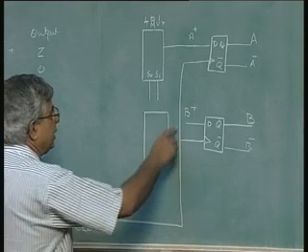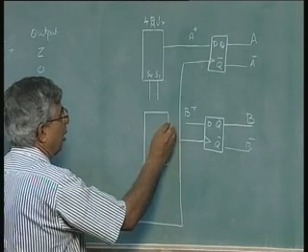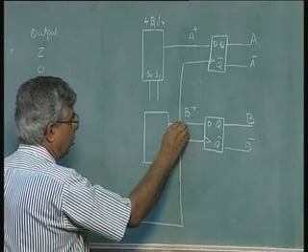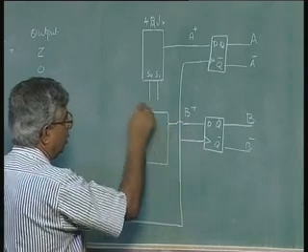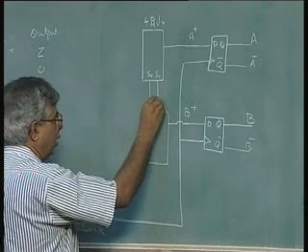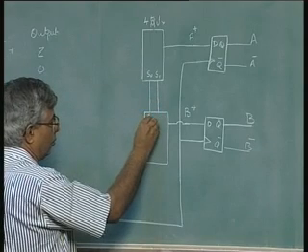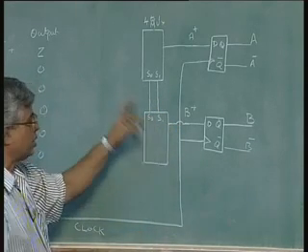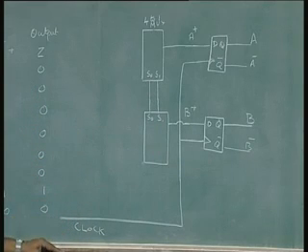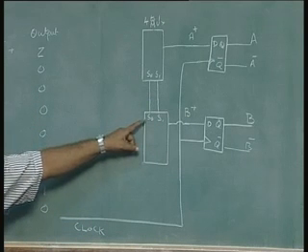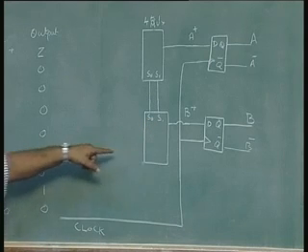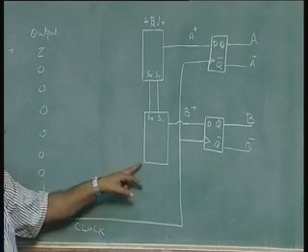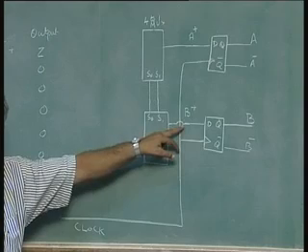Likewise, for the second output DB or B plus, if you want to call it B plus or DB, it does not matter. The present state information S0 and S1 will give the corresponding next state based on the input condition. Again, I will have 4 choices of S0, S1 for 4 different states, and each of these states will correspond to an input condition which will be the next state.